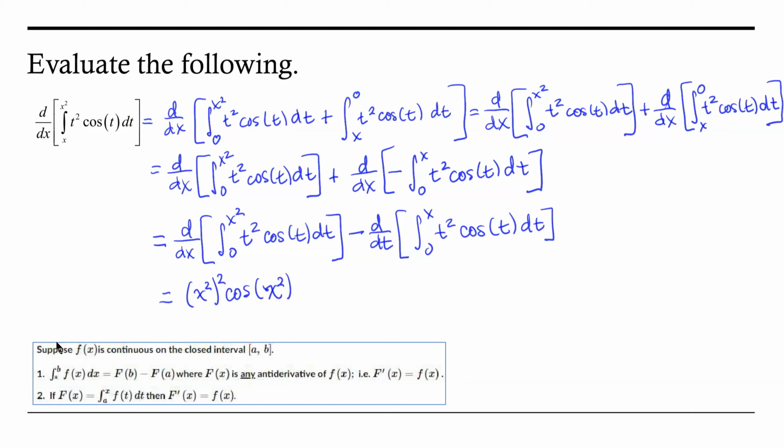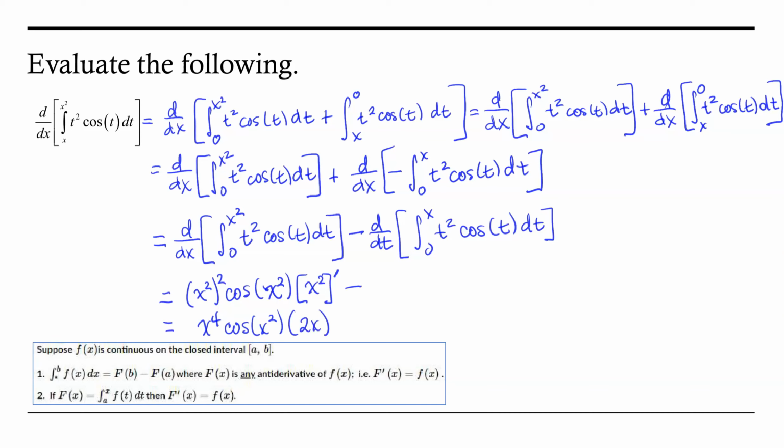I've done that substitution, but because my upper limit of integration is not the single variable x, but a function of x, we need to multiply by its derivative. So that first term is going to end up being x to the fourth times cosine of x squared times 2x.